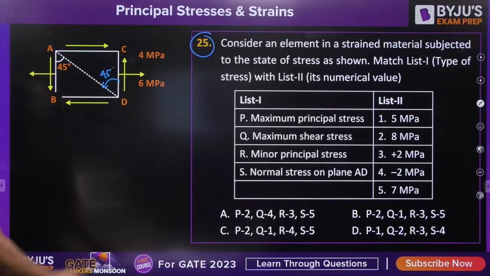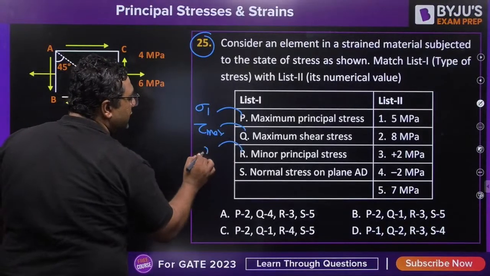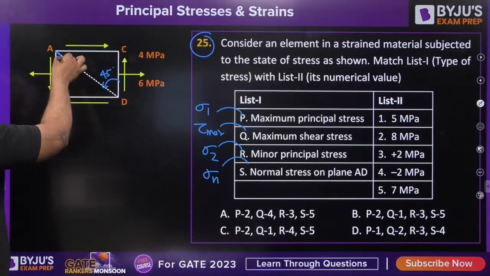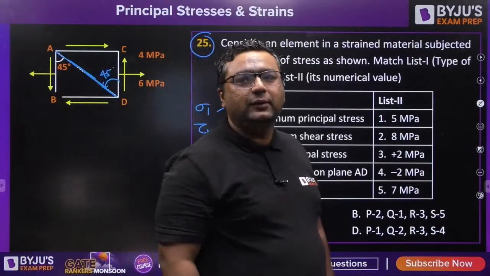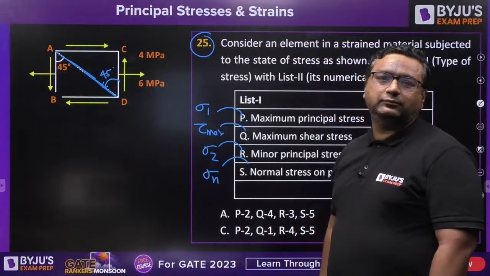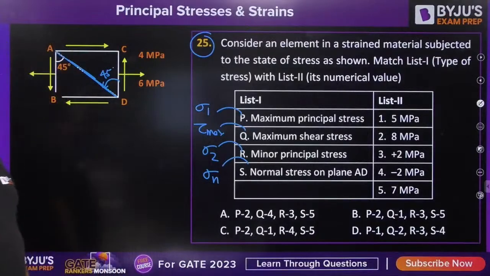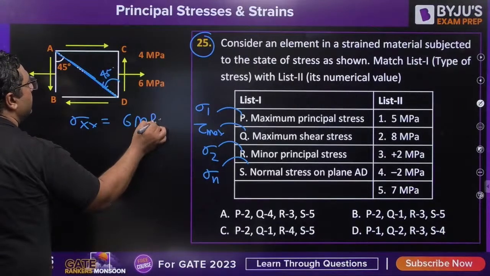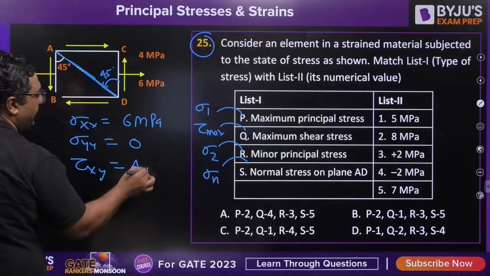They are asking about maximum principal stress, maximum shear stress, minor principal stress and normal stress at plane AD. Wonderful, guys. Solve this. You can see the given loading. Sigma xx is 6 MPa. Sigma yy 0. Tau xy is 4 MPa.